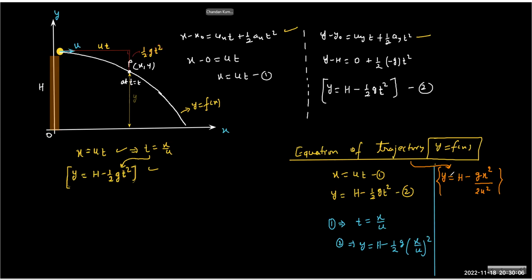There are many questions you will come across which can be solved by knowing the equation of trajectory. Understood? Okay. So given the equation of trajectory, how to proceed to solve a question?